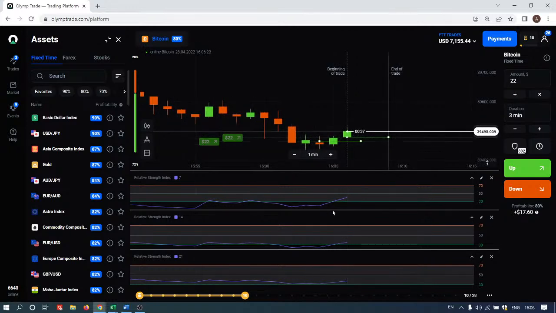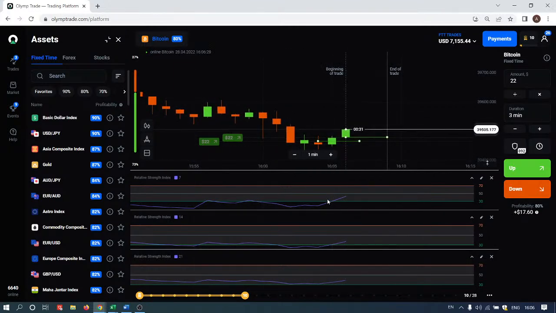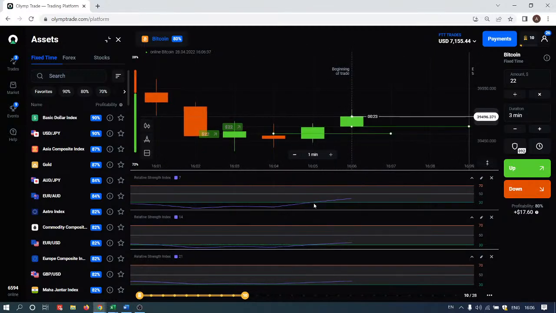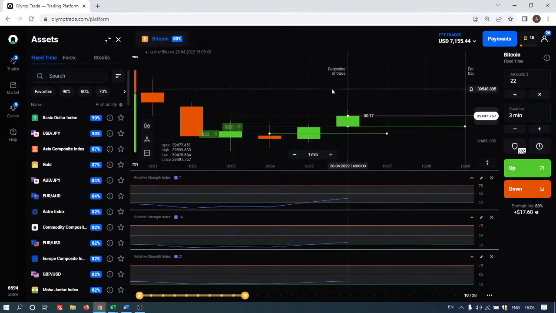Then signal number 2 is when they return back to the normal area. I hope I can explain some of these nuances well to you guys. Basically, you want to watch for this line to cross the zero line from bottom upwards, and that is the signal for an up trade.